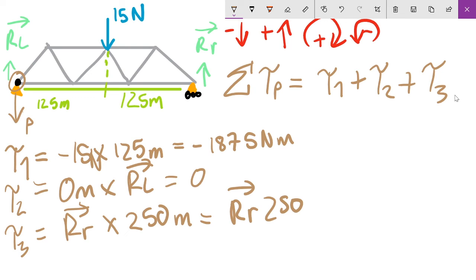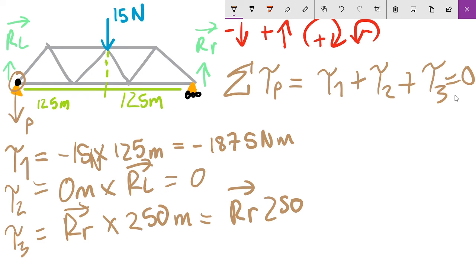Yep, so that's that. And we know that we want the truss to be in equilibrium, so the truss doesn't move. How much force is it going to take to balance out the 15 newtons from the top? That means the torque is going to equal 0.